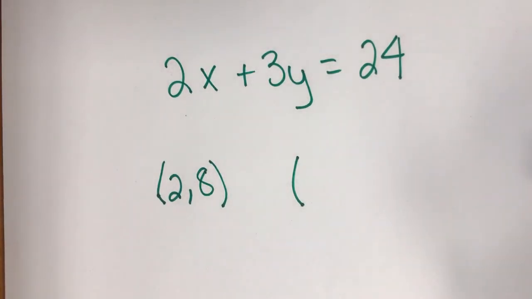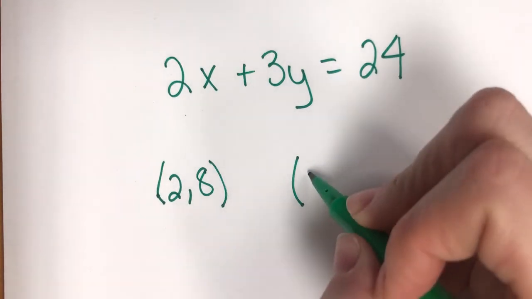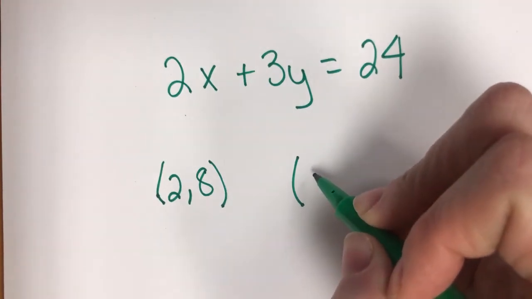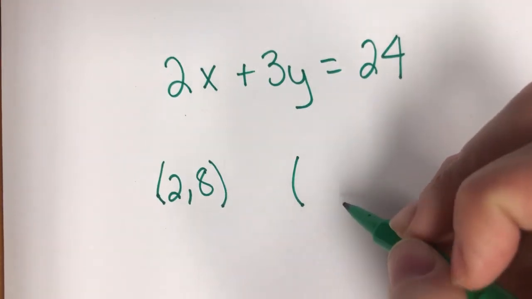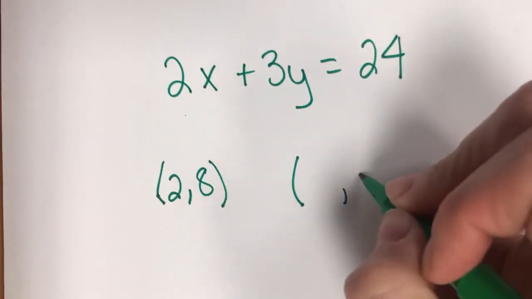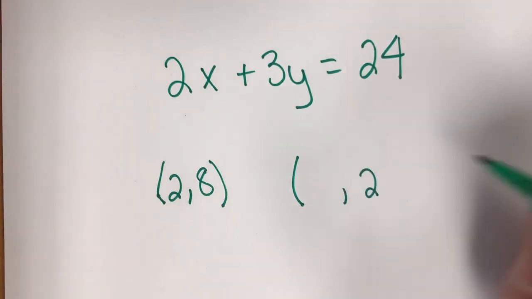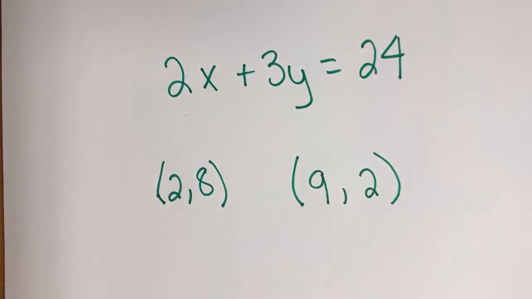And we want to see if 9, 2 is a solution, right? You could have a list. There could be 2 you're checking. There could be 10 you're checking, right? Each one we would check individually.